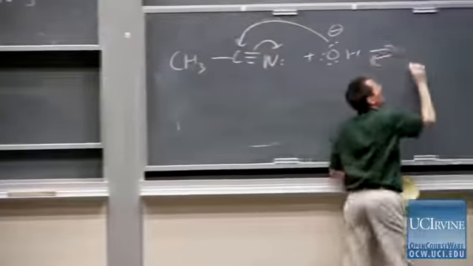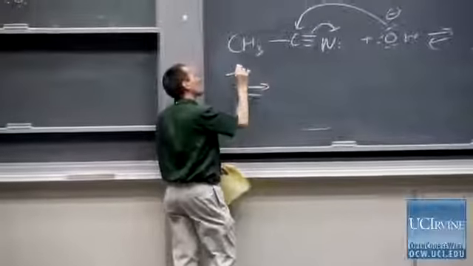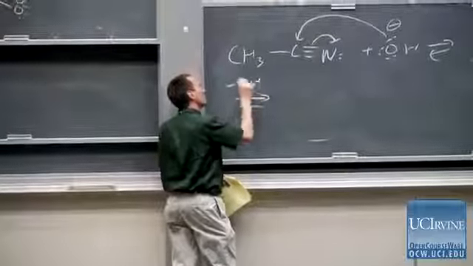We're going to shuffle some protons around. First we're going to put on a proton here, so I'll say plus H+. Of course, that's not really H+, that's water going ahead and protonating.